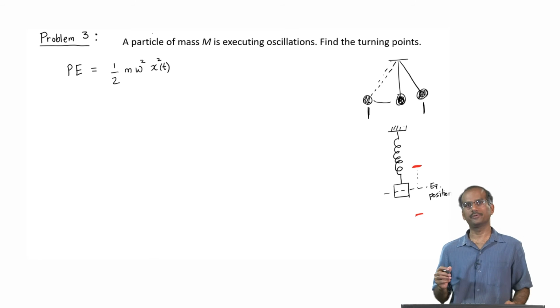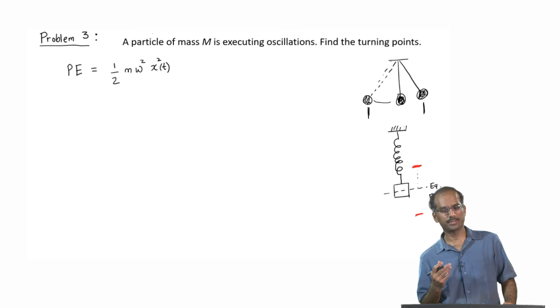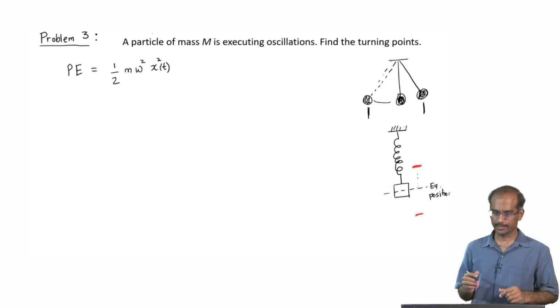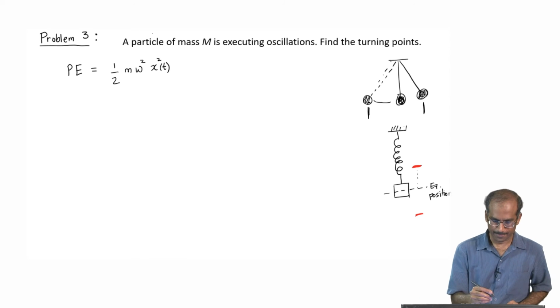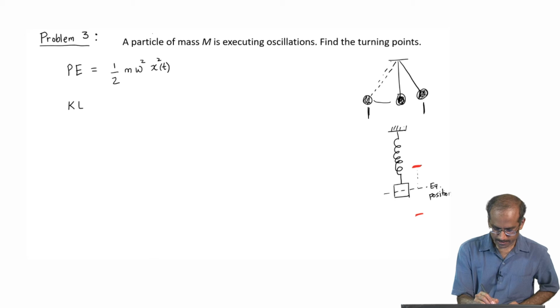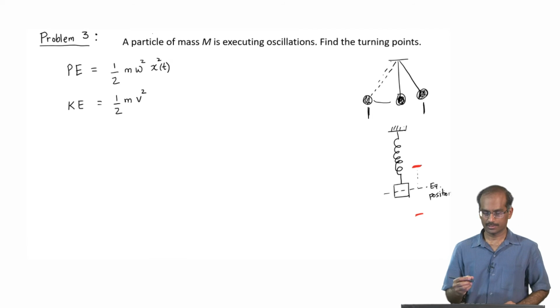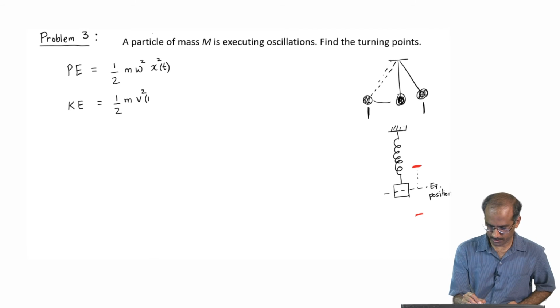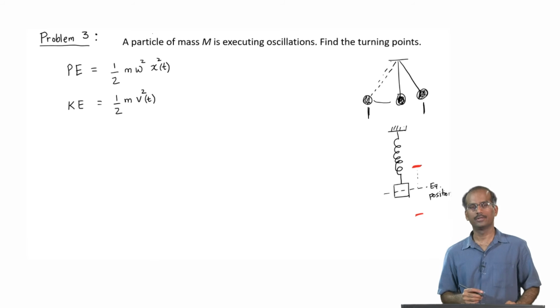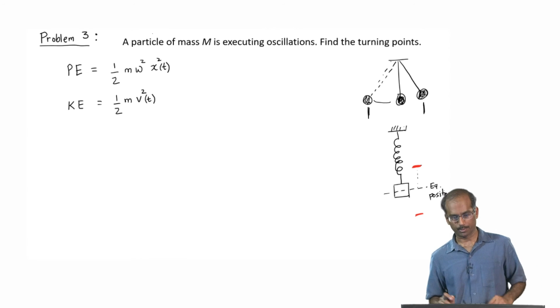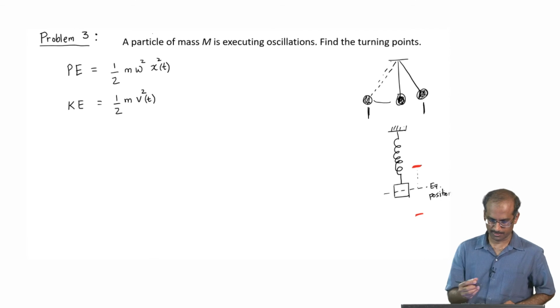Just to remind you that x, which is displacement, is a function of position. I have indicated that x is a function of t. Similarly, kinetic energy is equal to half m v square. Again, v is the velocity and velocity is also a function of time.